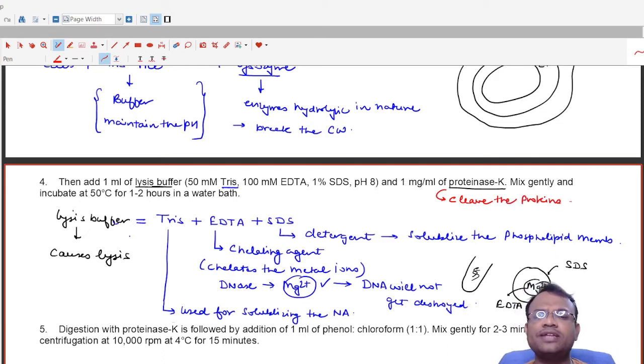Because you would be knowing that inside any cell there can be proteins also, there can be nucleic acids also, right? So we do not want any contamination of proteins in our DNA. That is why we are ensuring that all the proteins get cleaved off or destroyed after interacting with proteinase K, and that is the reason why proteinase K has been added. So with this we complete the fourth step.